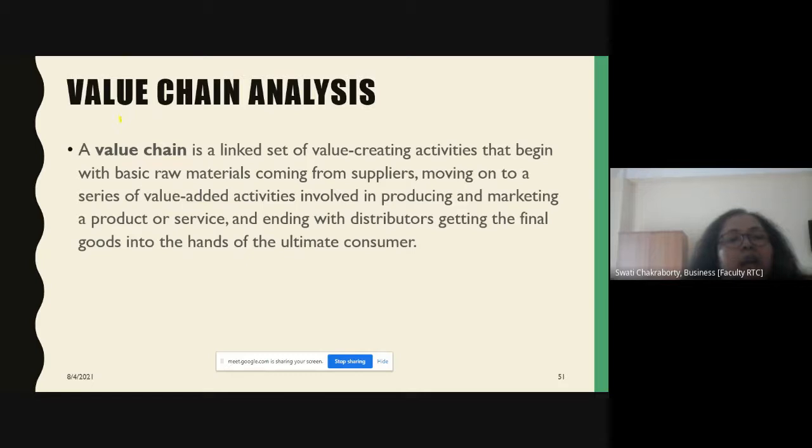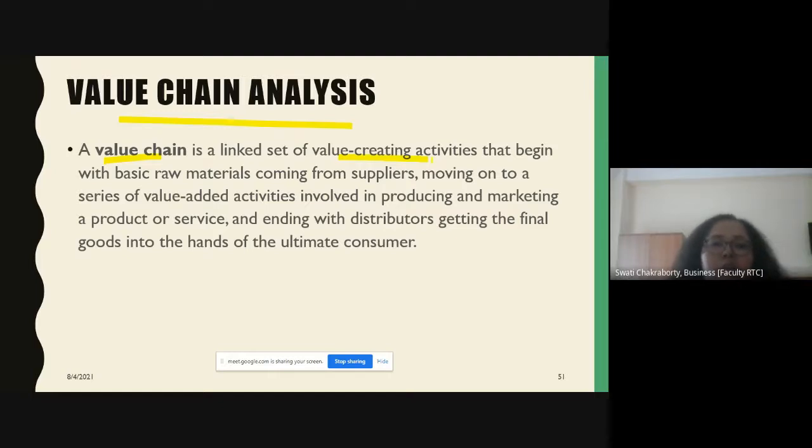Okay. Next, we have value chain analysis. What is a value chain? A value chain is a linked set of value-creating activities, starting with the raw materials coming from suppliers, then moving on to a series of value-added activities from production, then marketing the product, and ending with distributing the final goods or services into the hands of the customer.